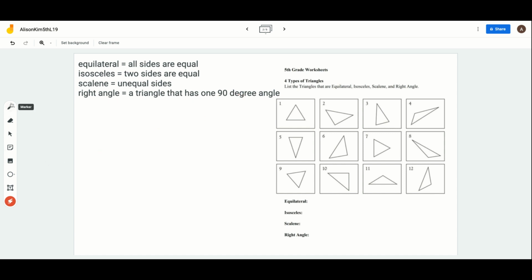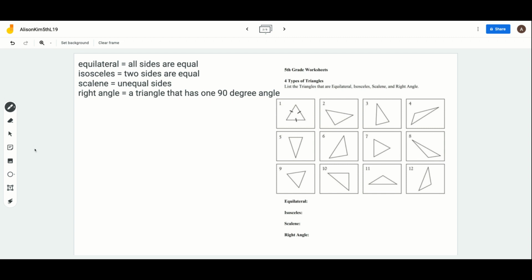So we're going to figure out whether triangles number 1, 2, 3, or 4 are equilateral, isosceles, scalene, or right angle. Let's get started with triangle number 1. Now we see that this side and this side seem to be about the same length, and the same could be said for the bottom one, the base.